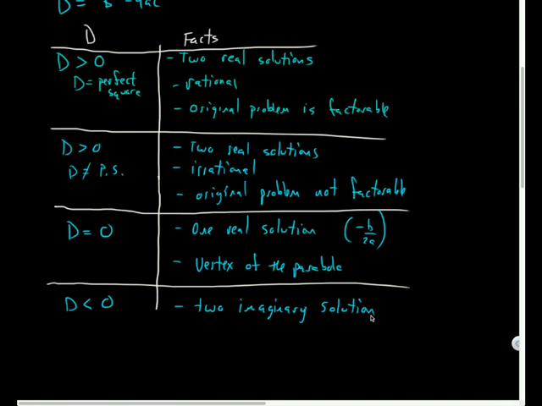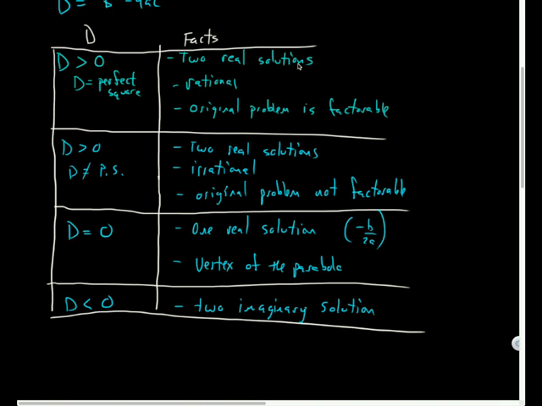Right, because the square root of a negative number is going to give me some sort of i showing up. So this is my little chart, and all sorts of facts that I can determine based off of the value of the discriminant.